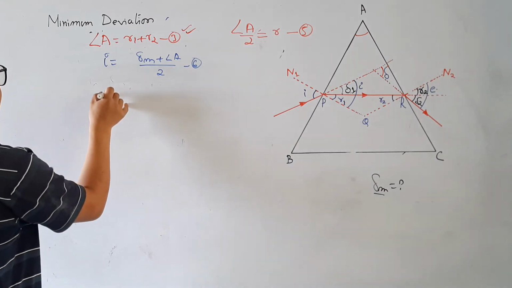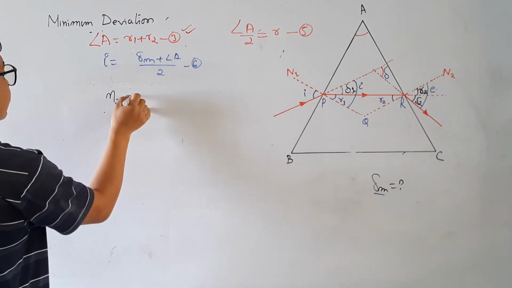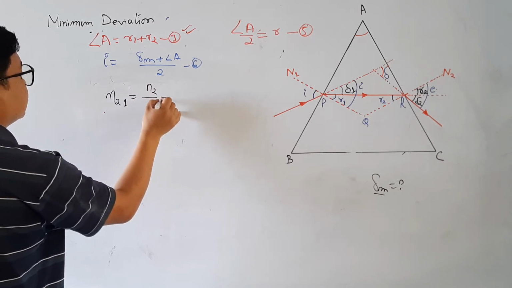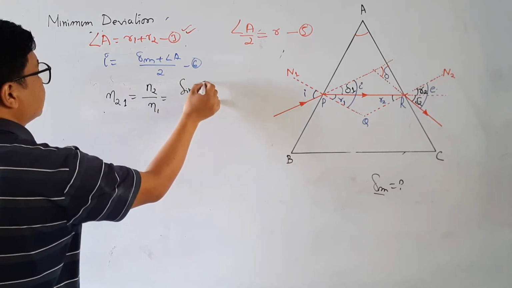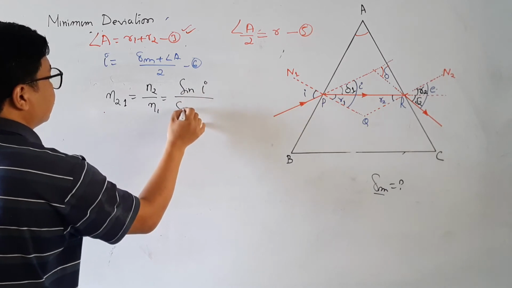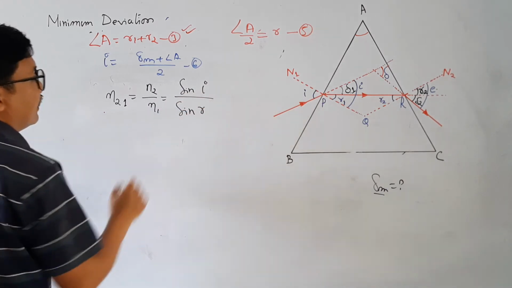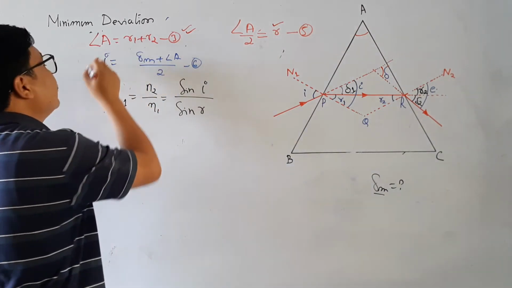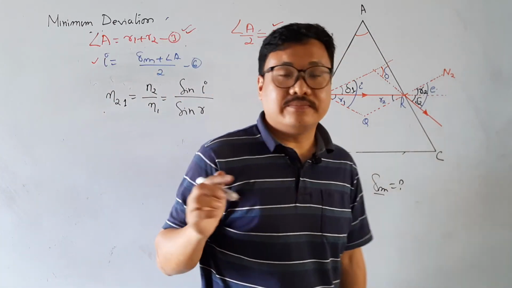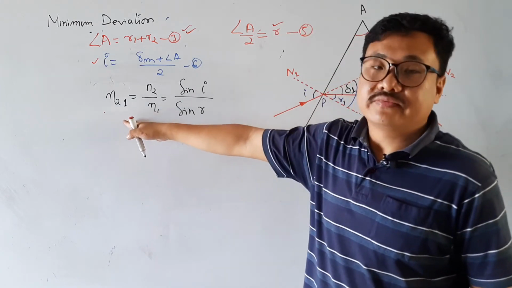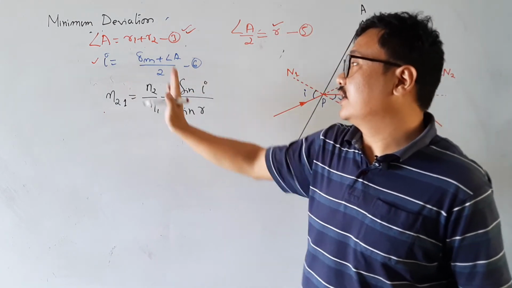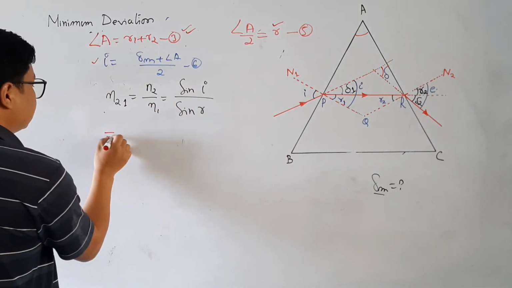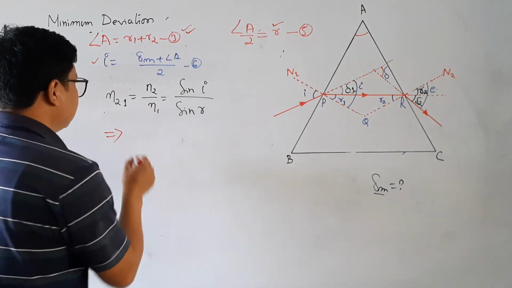What we know is refractive index of 2 due to 1 is equal to N2 by N1, which is equal to sine of angle of incidence I divided by sine of angle R. That is the reason why we find R and why we find I, because from the definition of refractive index I need to have I and R. If I substitute the values of I and R, then I should get the result.